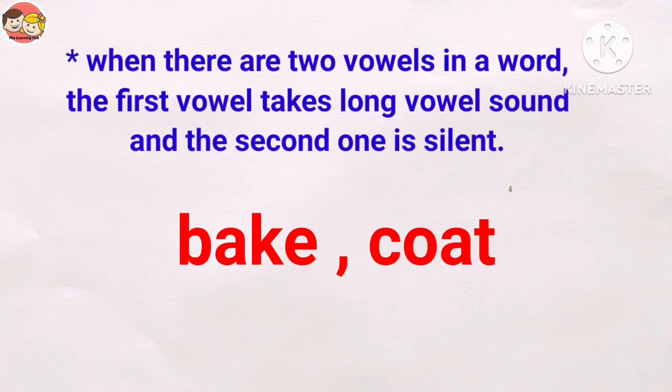Next, C-O-A-T. There are two vowels, O and A. So the first vowel is O and the first vowel is going to be long. And the second vowel is silent. K-O-T, coat. A is silent.